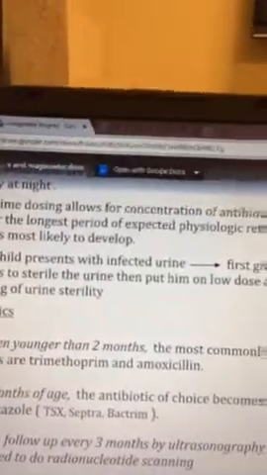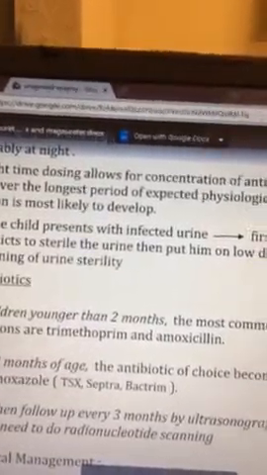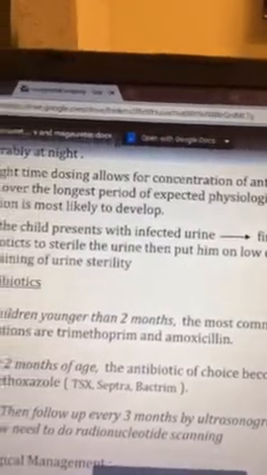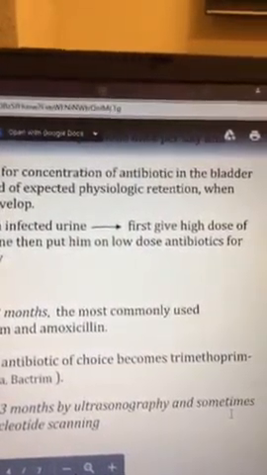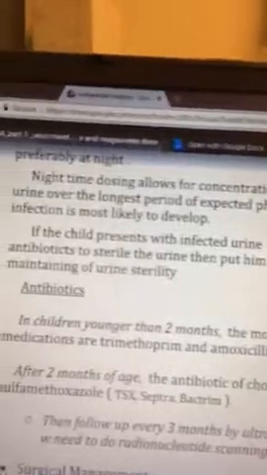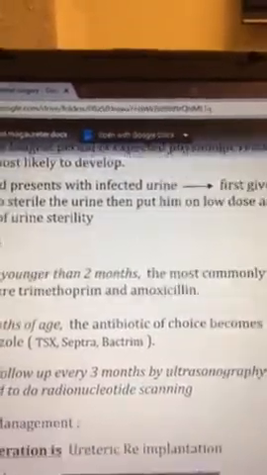For children younger than 2 months, the most commonly used medications are trimethoprim and amoxicillin. After 2 months of age, the antibiotic choice becomes trimethoprim-sulfamethoxazole.